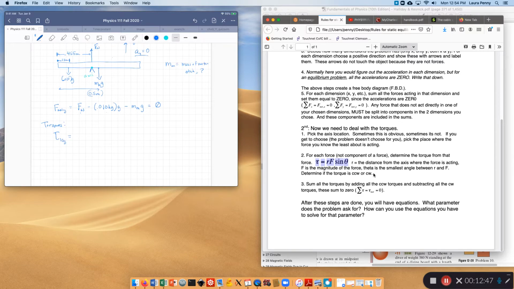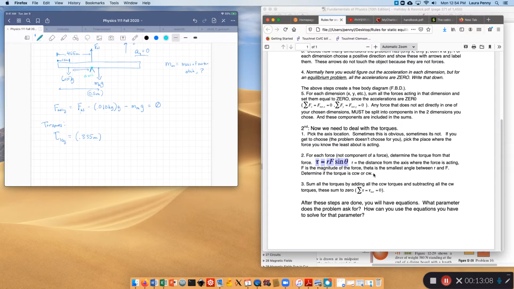Now, from the axis to here is going to be 0.455 minus 0.12. So the R for this is 0.335 meters.